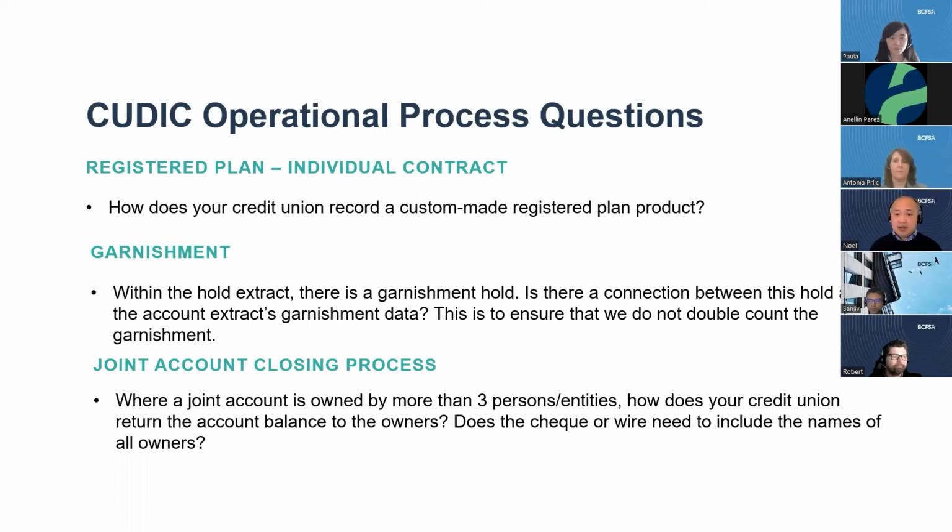If we have not answered your questions or you would like to get further clarification, please contact the QTIC team through the email in the next slide. This slide contains the operational questions that we would like to have answered within your written responses. The answers to these questions will help us to improve our operational knowledge and increase our ability to quickly and accurately pay out credit union members in a payout event.